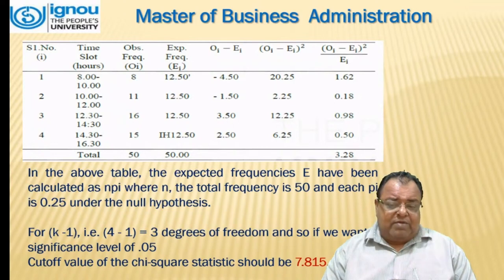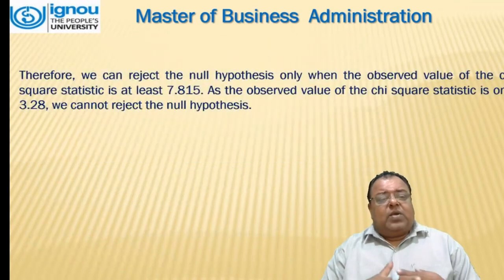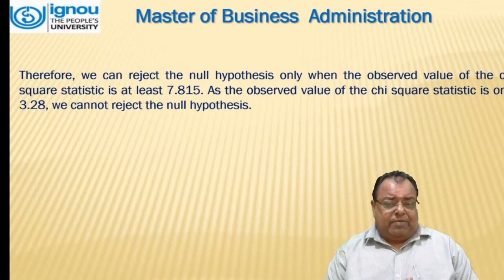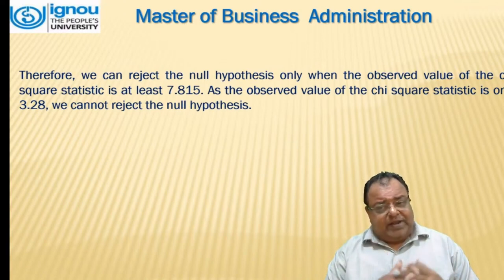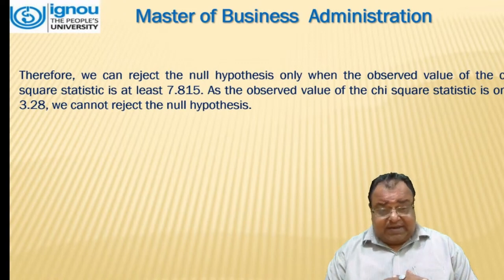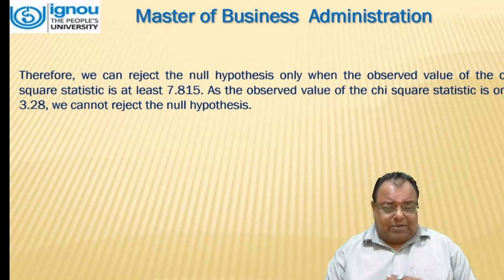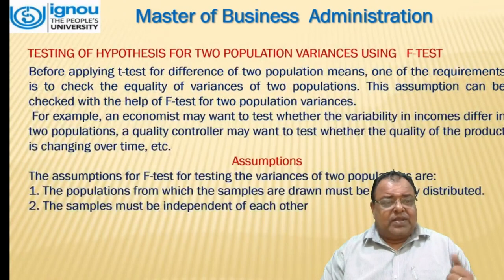Your calculated value is 3.28. We can reject the null hypothesis only when the observed value of the chi-square statistic is at least 7.8. As your observed value of chi-square statistic is only 3.28, we cannot reject the null hypothesis. This is how inferences are drawn.